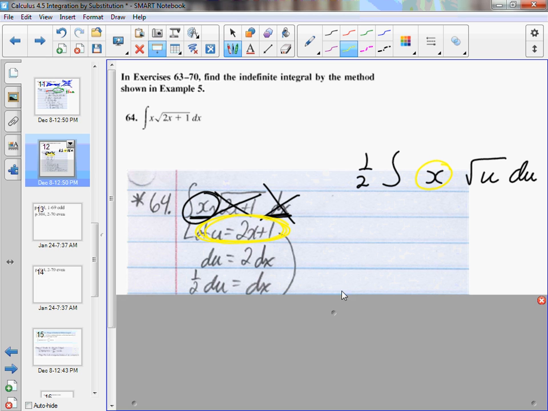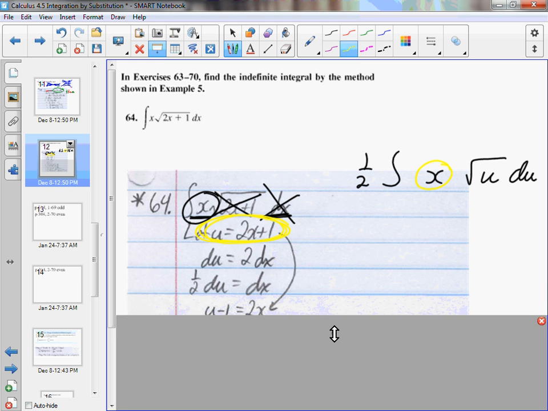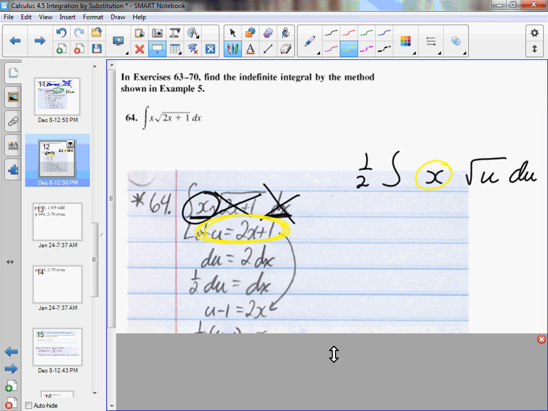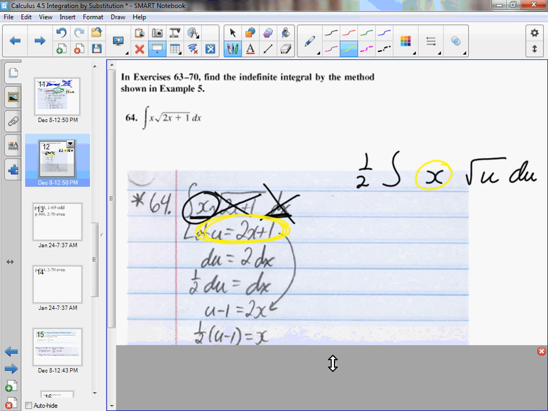You couldn't tell as I was uncovering this, but that's an arrow pointing me down to here. So subtract 1 from both sides, and you get u minus 1 equals 2x. Multiply both sides by 1/2, and you get 1/2 quantity u minus 1 equals x.